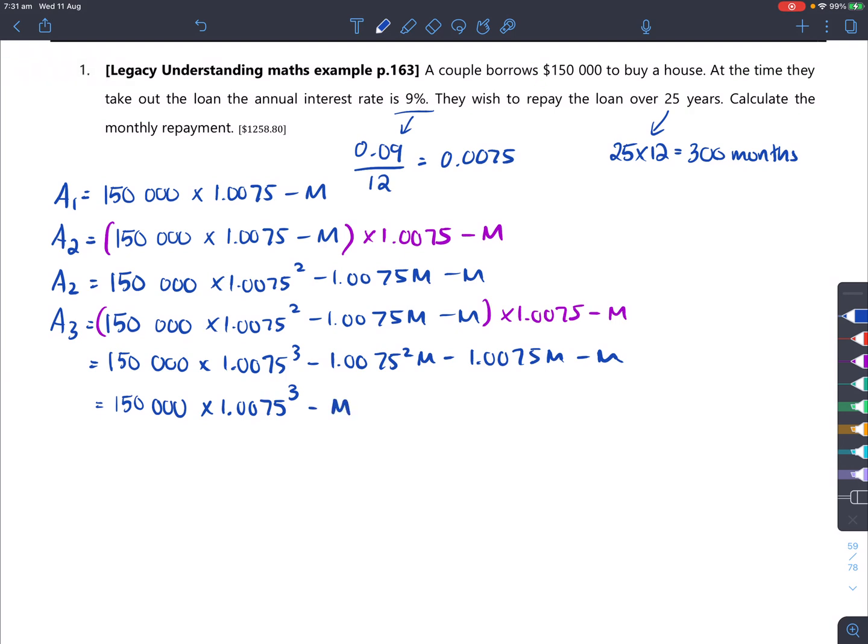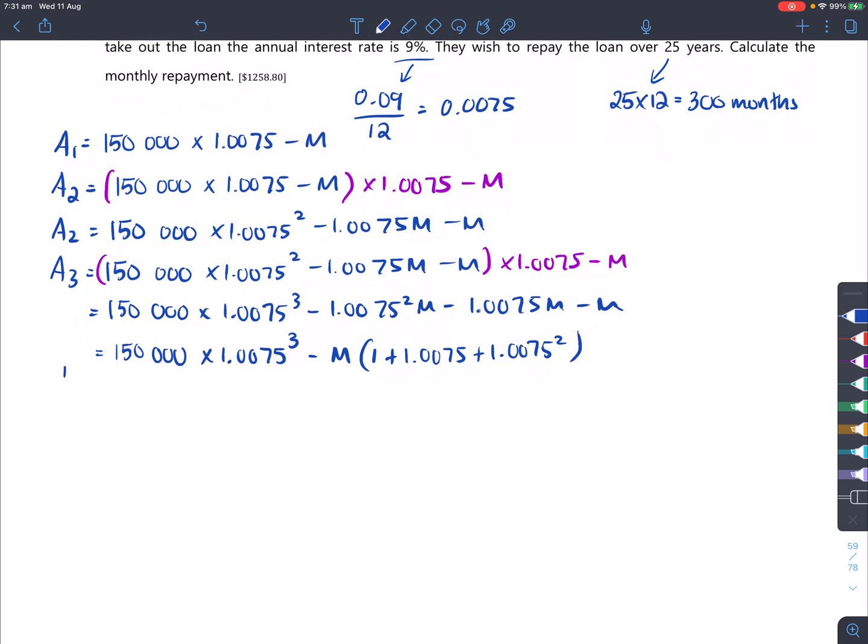Then minus M, bracket, and factorize from the end. So we'll get 1 plus 1.0075 plus 1.0075 squared, like that. And what we do is you write dot dot dot like that.